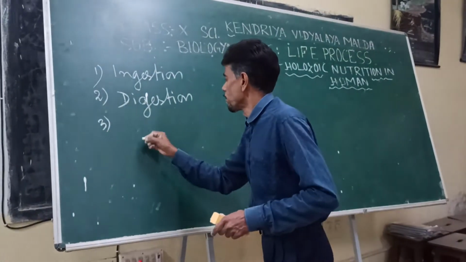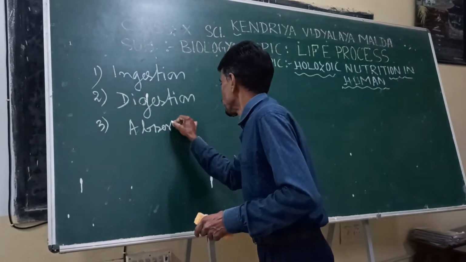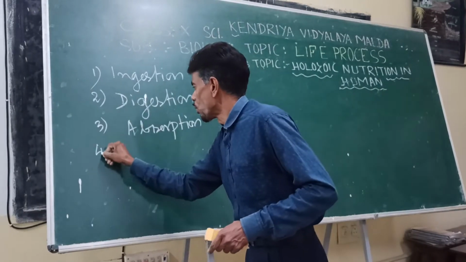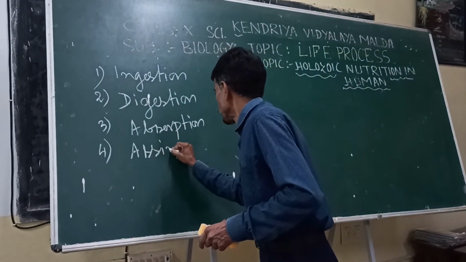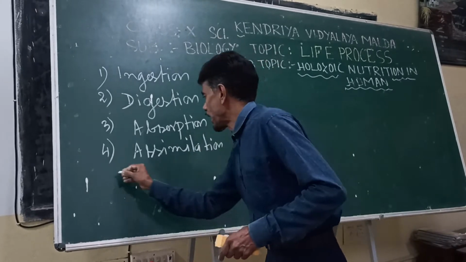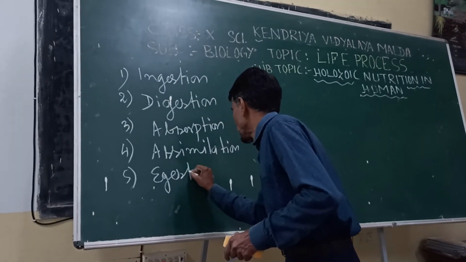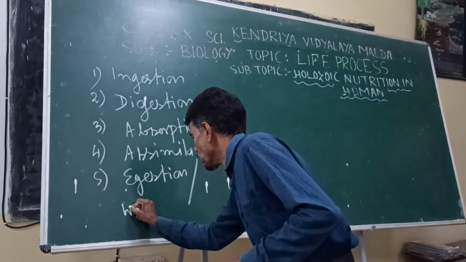Number 3, absorption. Number 4, assimilation. And number 5, egestion or waste removal.